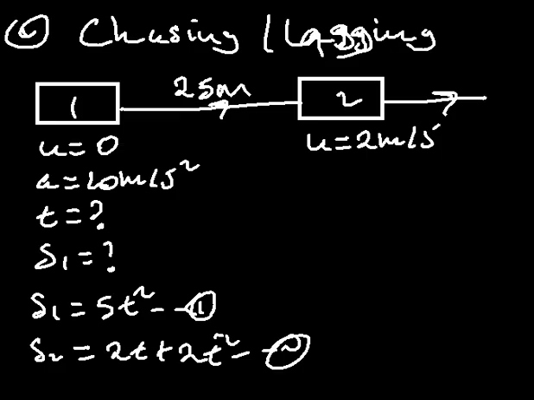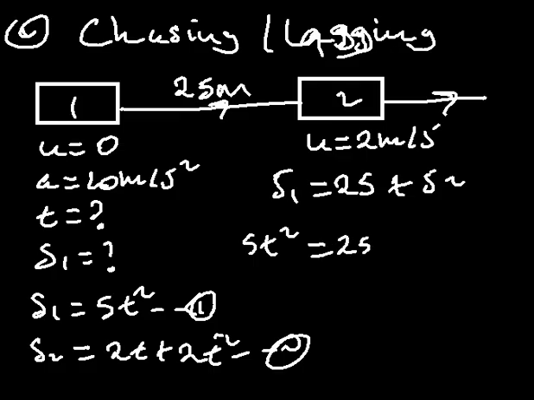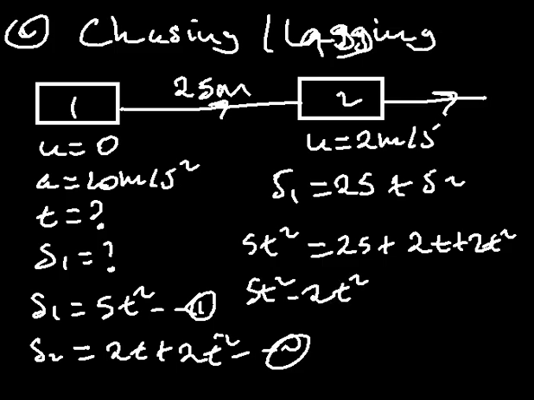So S1 is given as the separation distance, 25 meters, plus S2. We have S1 as 5t squared, equal to 25 plus 2t plus 2t squared. So I'll have 5t minus 2t squared minus 2t minus 25 equal to 0.